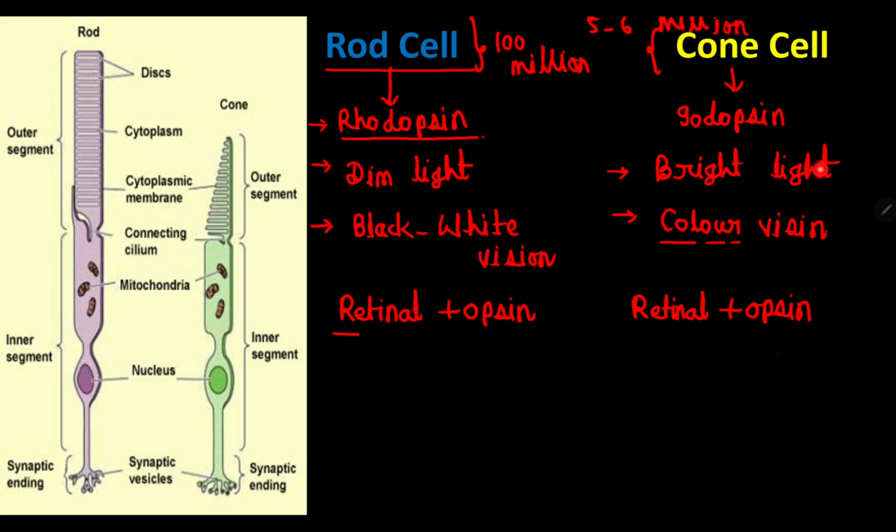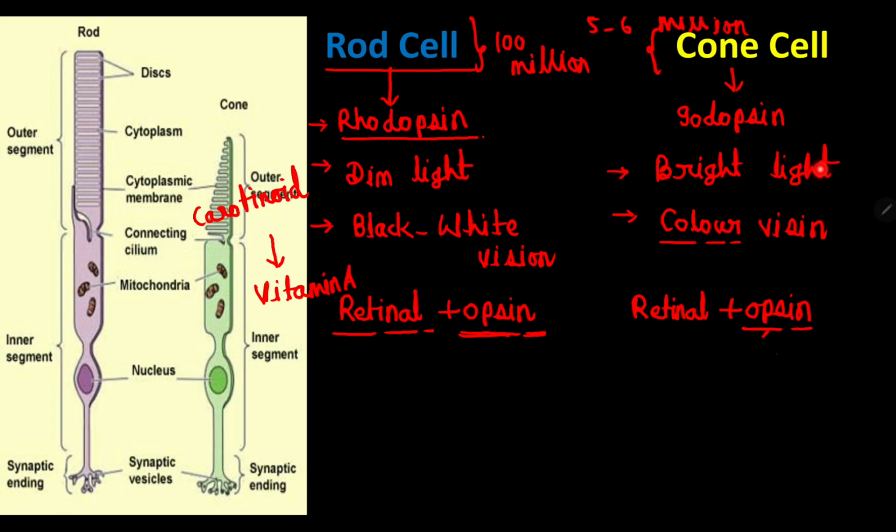This retinal originates from vitamin A, synthesized from vitamin A, and we all know vitamin A is synthesized from carotenoid. So retinal is the same in both iodopsin and rhodopsin. But the difference is present in the opsins. Here opsin is different.